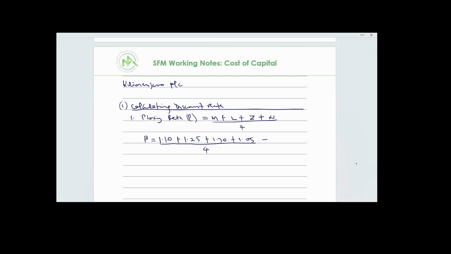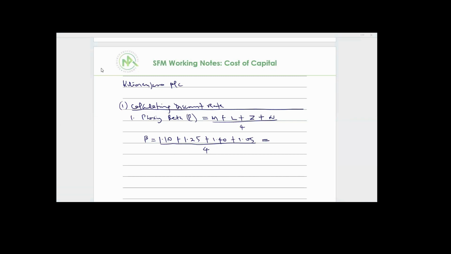Please, on the day of your exam, no need for you to be doing this. Just carry your calculator, add it together, find the average. There is no need for you to be doing the working, you don't have time. You don't have all the luxury of time on that day.